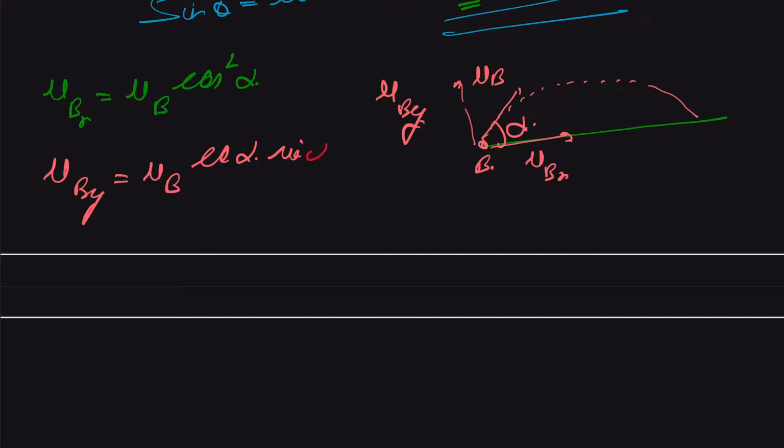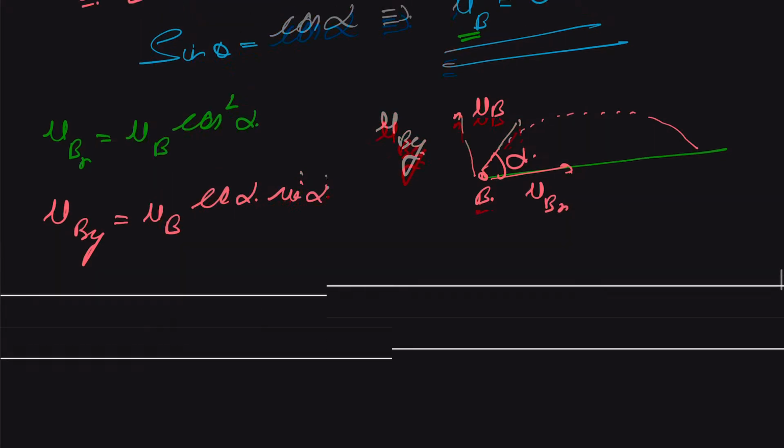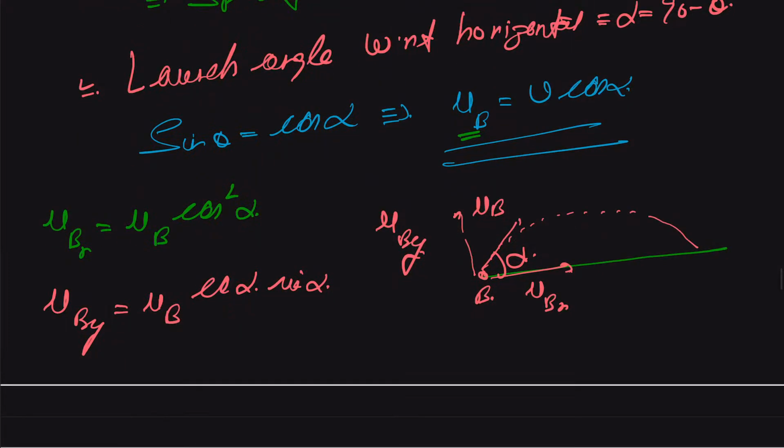And this is v, not u_B, because it is v cos alpha. So it comes as our v, and this is also v. Okay. So now we come to the projectile motion of the ball B.